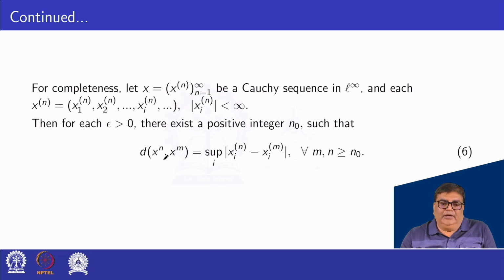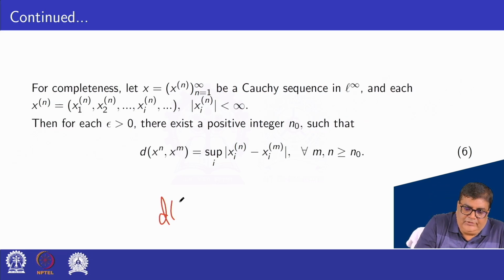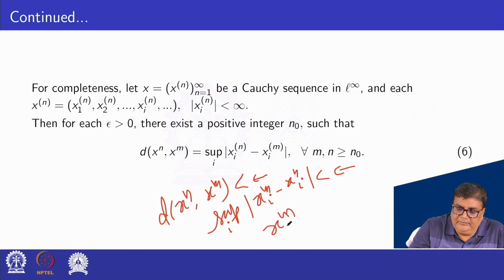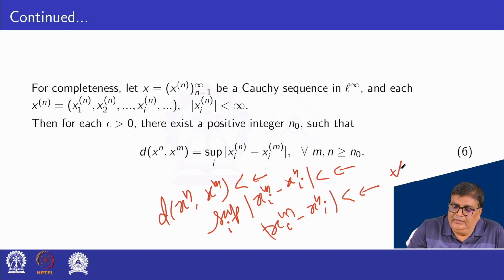As per the definition of a Cauchy sequence, d(x_n, x_m) is less than epsilon, that is, the supremum over i of mod x_mi minus x_ni is less than epsilon. That is, x_mi minus x_ni is also less than epsilon for all i.